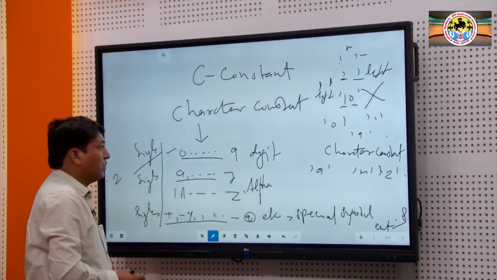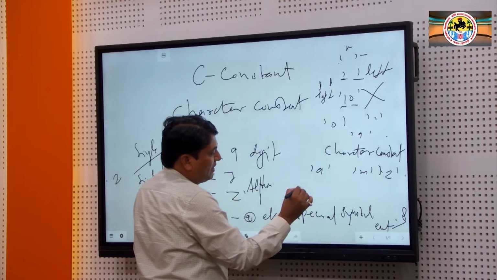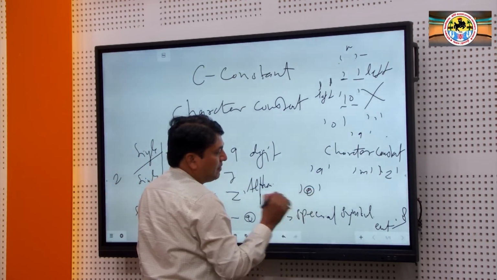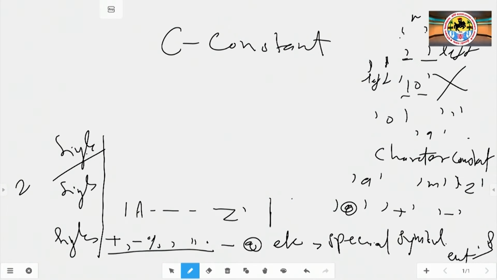And so now we can put any single symbol in the single inverted commas, like the at the rate, the plus, the minus, and even sometimes a blank space is also a character constant.